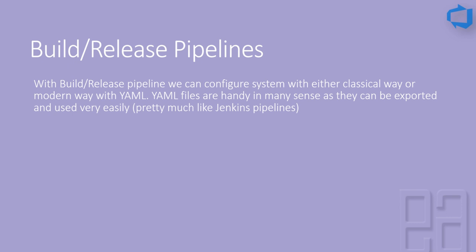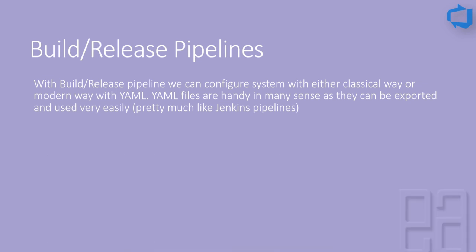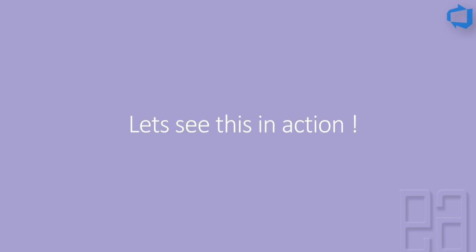These are pretty much like the Jenkins pipelines that we already discussed in other courses, the build, deploy, test with Jenkins course on Udemy as well as on YouTube, where we discussed how we can create Jenkins pipelines and write the code in a Jenkins pipeline much more easily. The whole idea of the release pipeline and build pipeline is pretty much exactly like how the Jenkins pipeline was built. Let's quickly see everything in action and understand how things work. So for that, I'm going to flip to my Azure DevOps service right now.